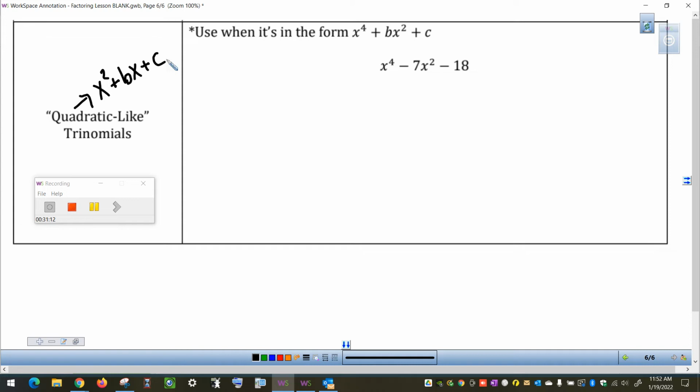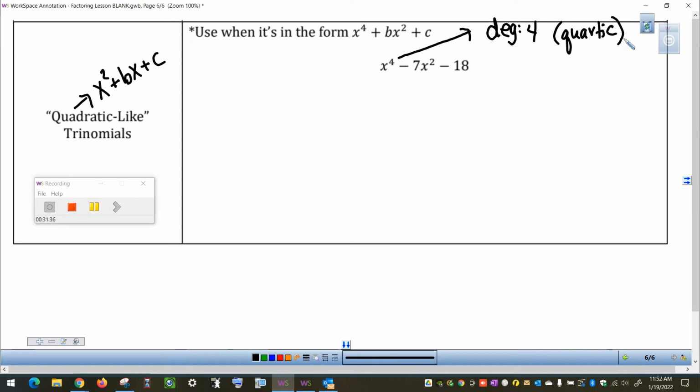Notice how what we have here is a trinomial, but it's actually not quadratic. If you look at the exponent at the very front, it's actually a degree of 4. We saw earlier last week, it has a name similar to quadratic. It's called quartic.